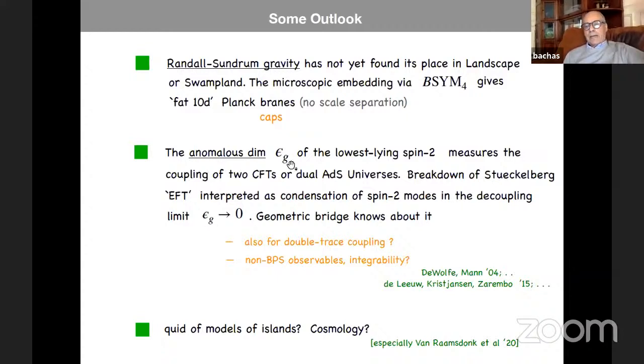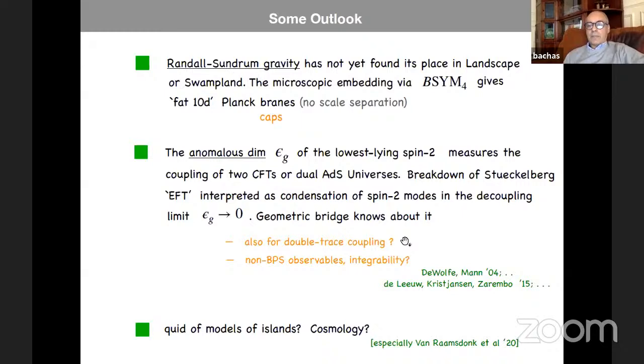Secondly, the anomalous scaling dimension of the lowest spin 2 measures, in a sense, the coupling of the 2 CFTs or the dual AdS universes. And the breakdown of the effective field theory is interpreted as a condensation of spin 2 modes in the decoupling limit. And amazingly, the geometric bridge knows exactly about it. And one may then ask, is this true for all cases of weak coupling, including double trace?